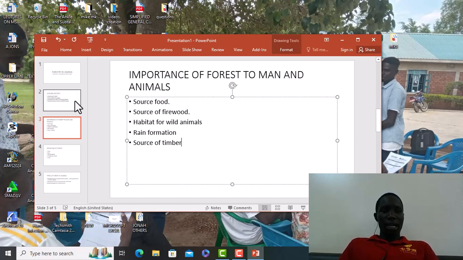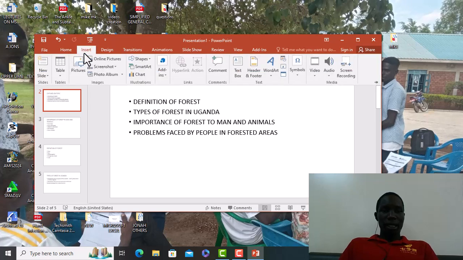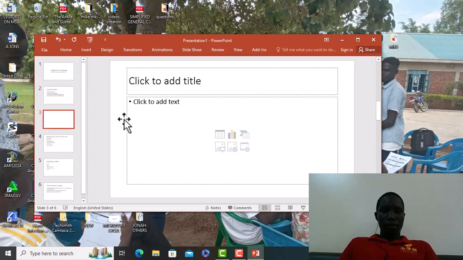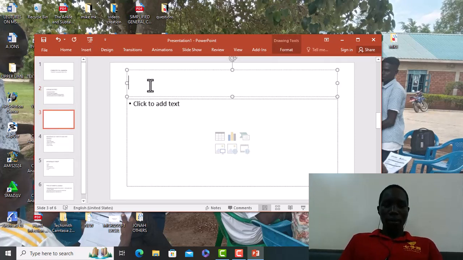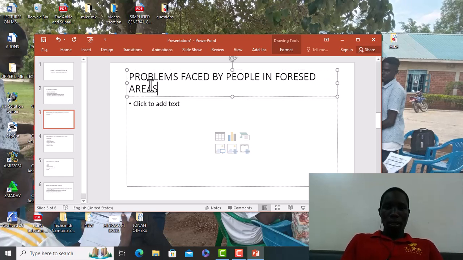So lastly, I think we will talk about the problems faced by people in forested areas. As in that new slide, we have problems faced by people in forested areas.